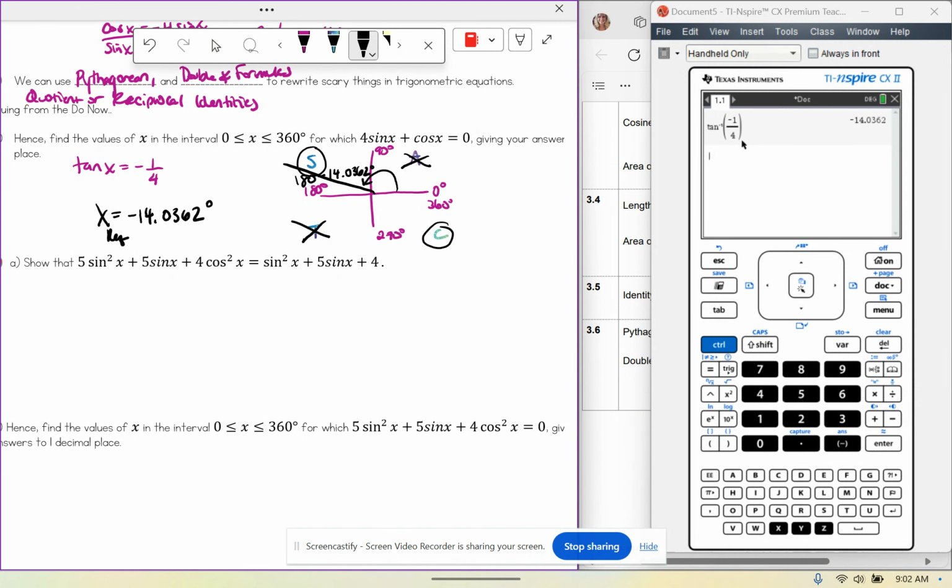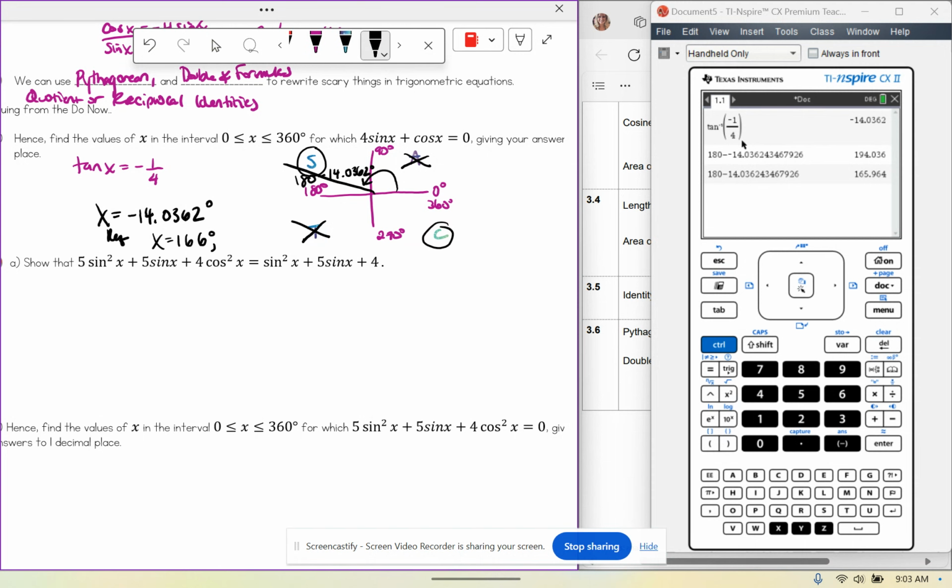And that is going to give me, oh, it took the negative as well. Hold on, let's get rid of that. 165.964. And then 3 sig fig, so that's going to be 165.9 becomes 166.